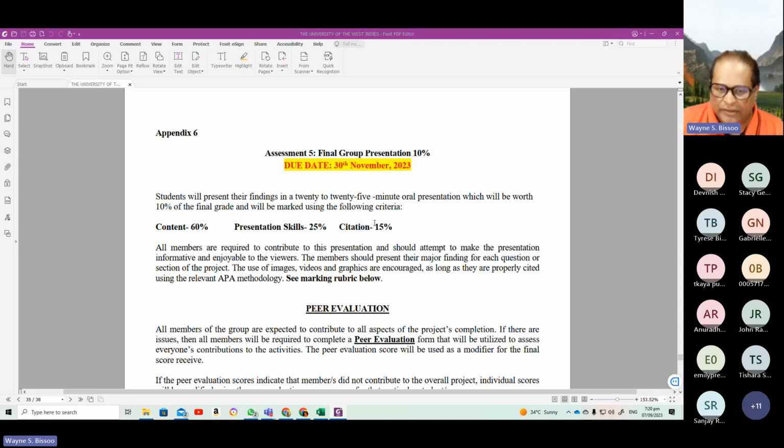Then you begin answering each of the questions as you move through, and then you make a conclusion statement and wrap up. What we're looking at is 60% for the content that you present, 25% for your presentation skills, and citation 15% for the use and evidence of citation in your PowerPoint presentations and so on.